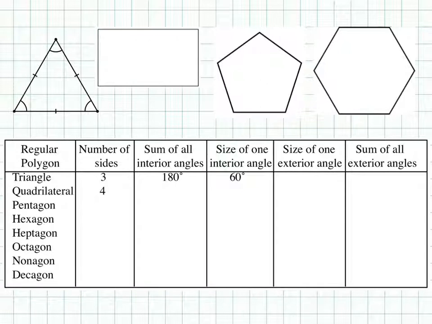So there's quite a lot of work to do here. Lucky for us, if you've watched the other video on angles in polygons, then you should know some of these answers already. But let's get to work.